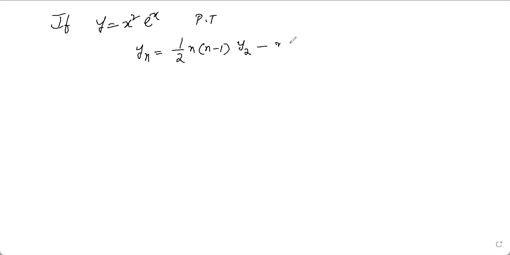If y is equal to x square e to the power of x, let us prove that yn is equal to 1 by 2 n into (n minus 1) y2 minus n into (n minus 2) y1 plus 1 by 2 (n minus 1) into (n minus 2) into y.